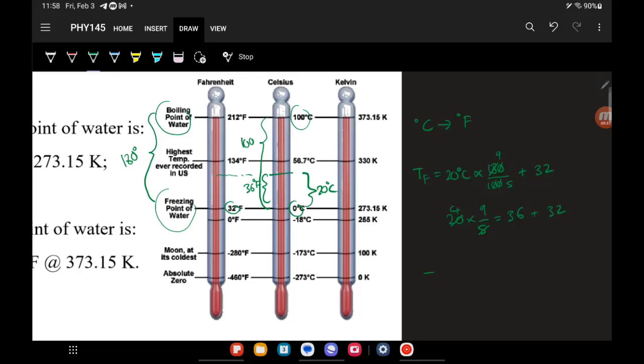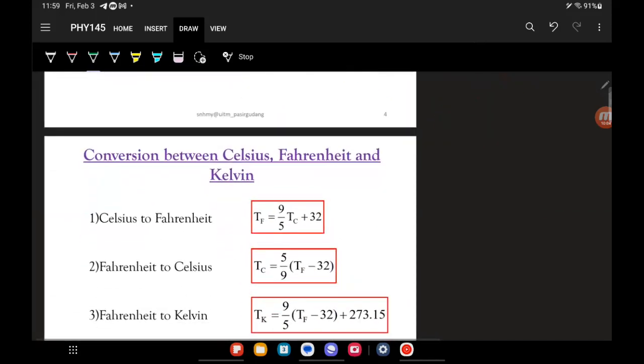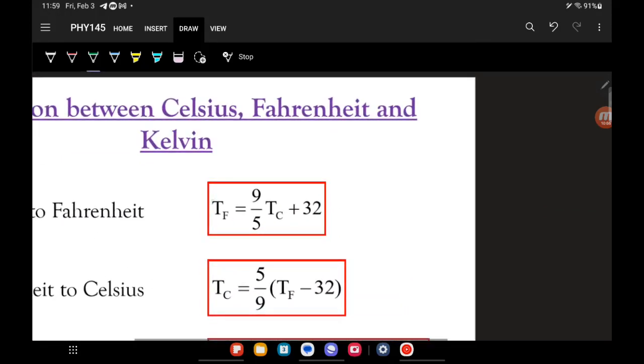The temperature of Fahrenheit is equivalent to the temperature of Celsius multiplied by 9/5 plus 32. And if you look at the equation later, that is what we get: 9/5 multiplied by the temperature of Celsius plus 32.